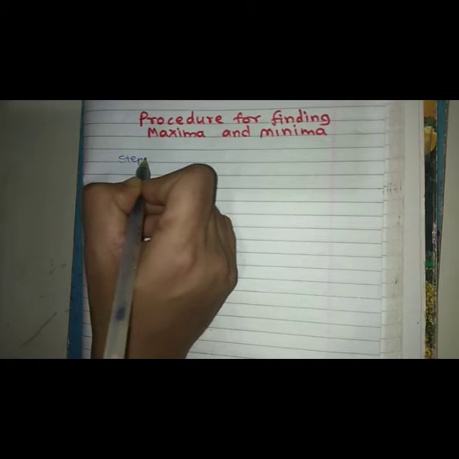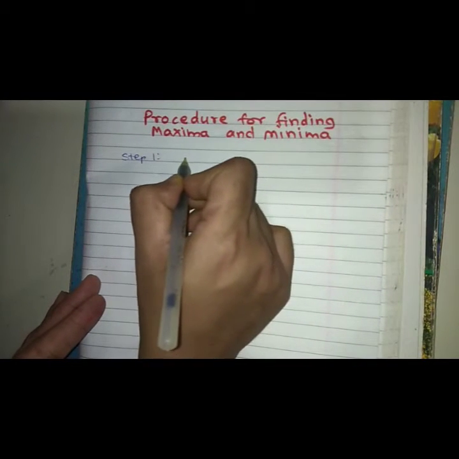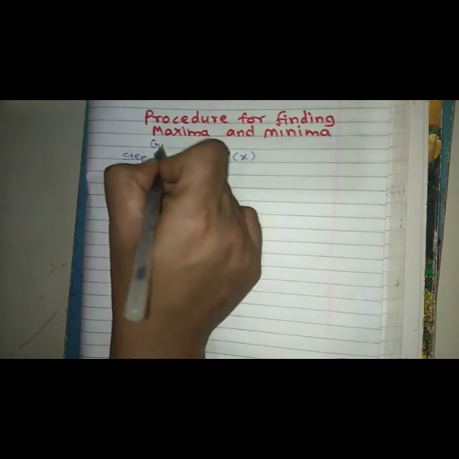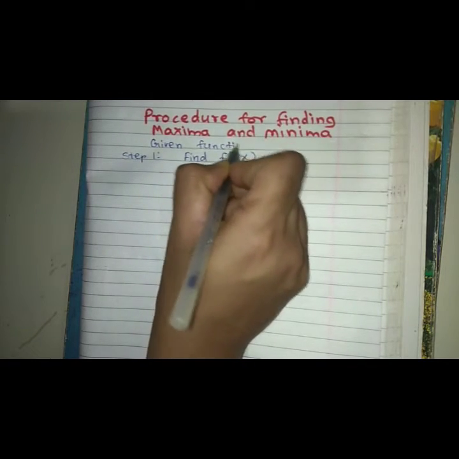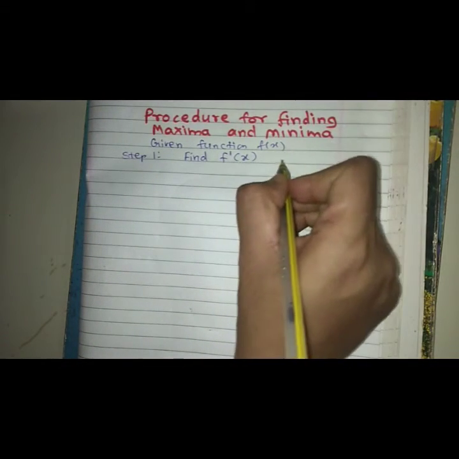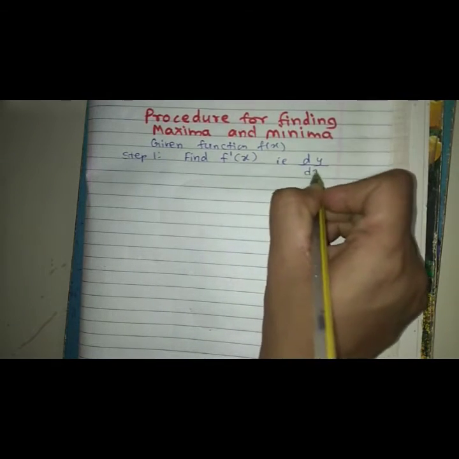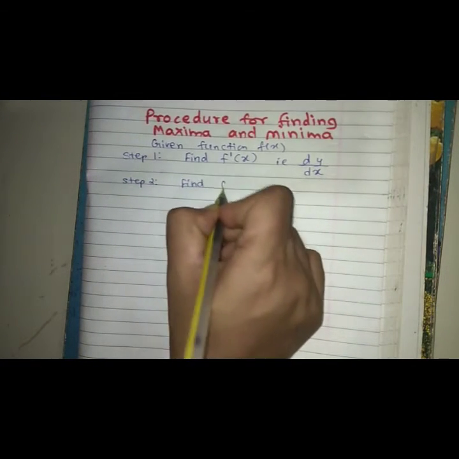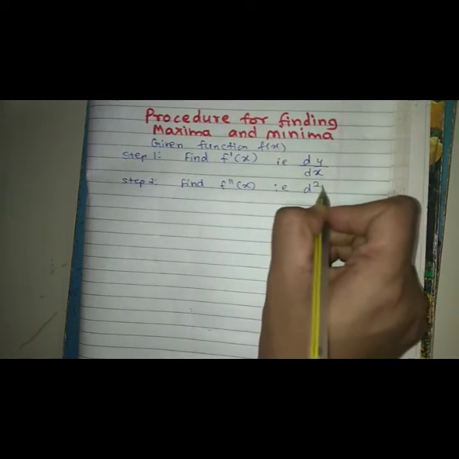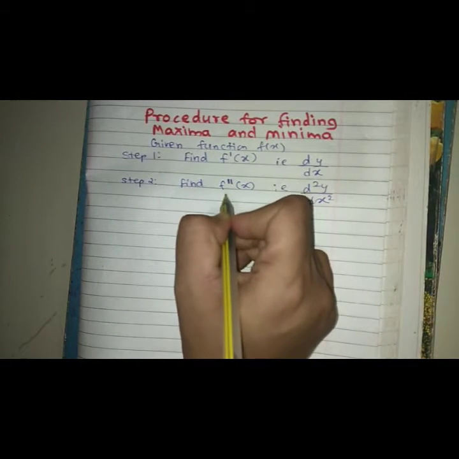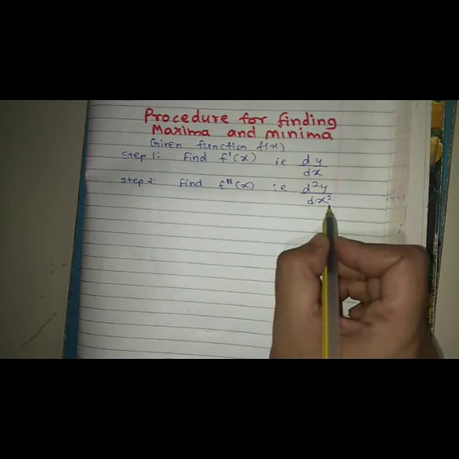Step 1: always write the given function f of x, and then find f dash of x, which is nothing but the first derivative, also written as dy by dx. The second step: find f double dash of x, that is the second derivative of the function with respect to x.